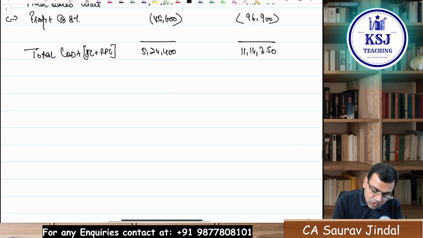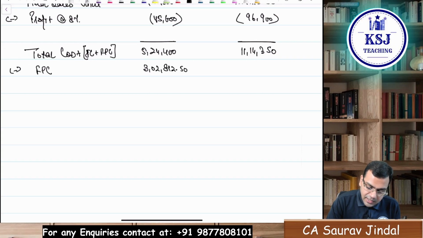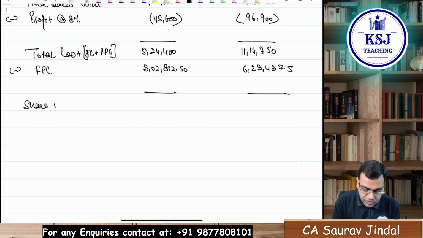Now from this total cost, if I subtract my further processing cost, which is 3,02,812.5 and here 6,23,437.5, what will be left? You will be left with the share in joint cost. Simple.